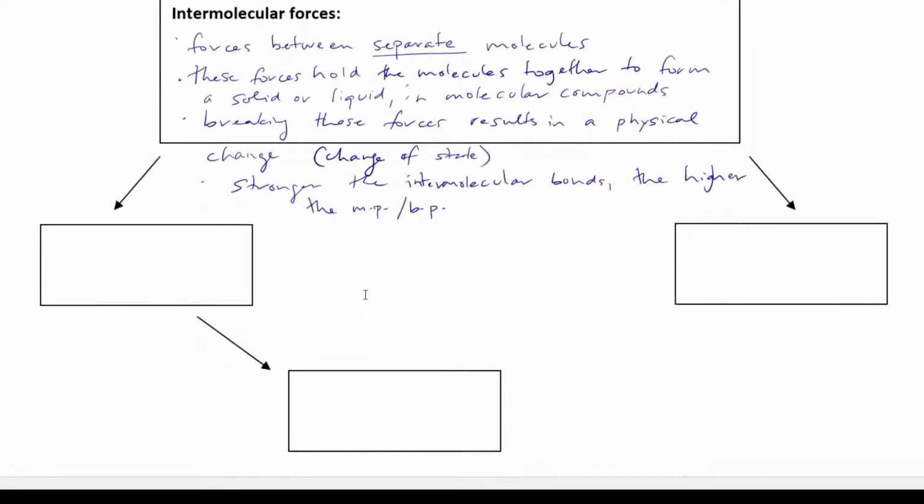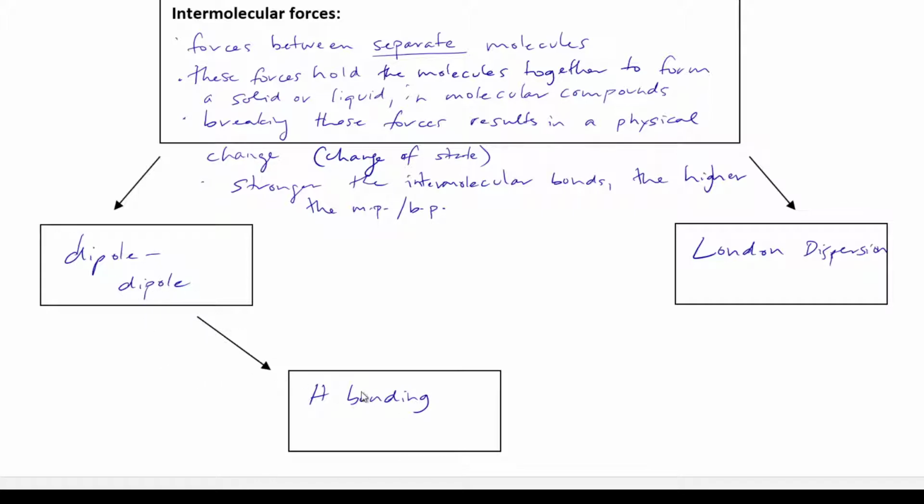The types of intermolecular forces that we're going to look at, there's one that's called London dispersion, and another one that's called dipole-dipole, and a specific type of dipole-dipole that is called hydrogen bonding.